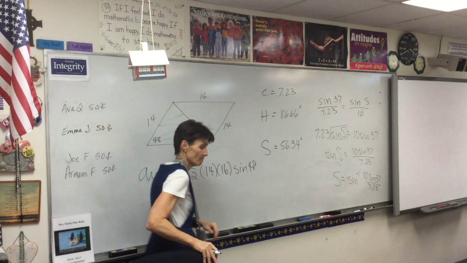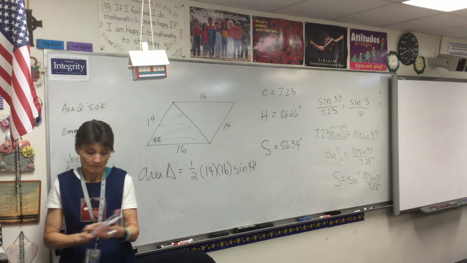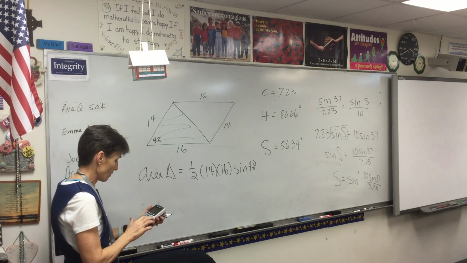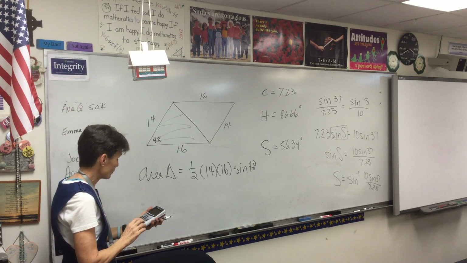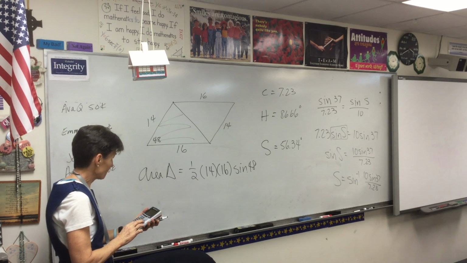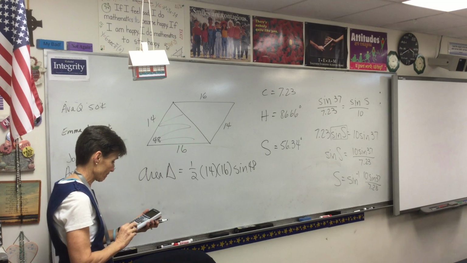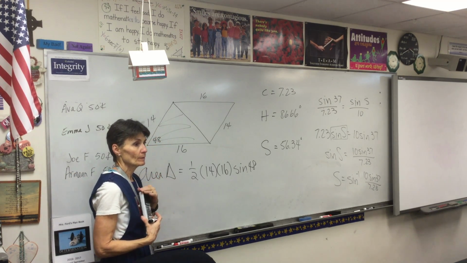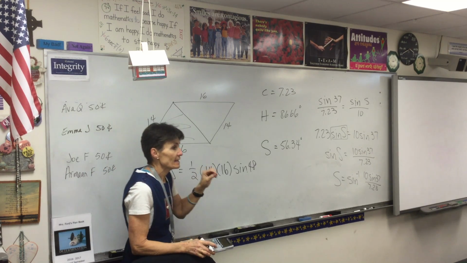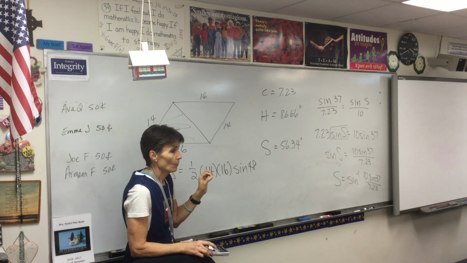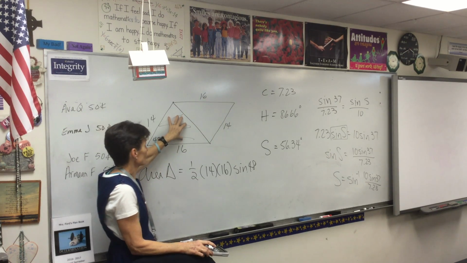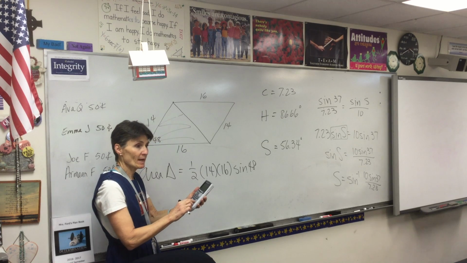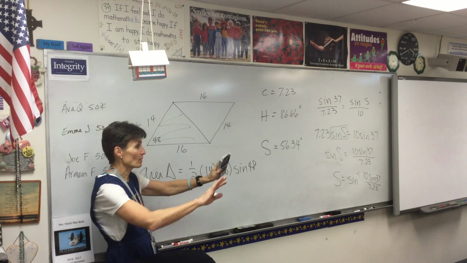So, I'll type it in. Everybody's got a calculator. I wish you were all typing with me to make sure you know what you're doing. I got 83.23. Did you? But wait, do I want to write that down? No. That's the area of this triangle. So what am I going to do to get the area of the whole parallelogram? Just on my calculator, I'm not rounding anything off. I'm not retyping anything.